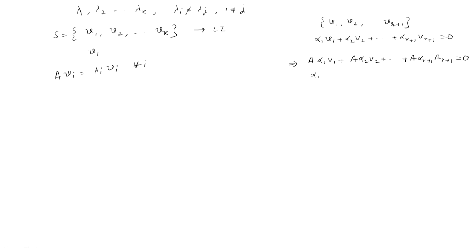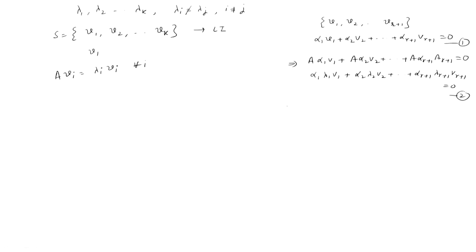So we can write alpha 1 lambda 1 V1, similarly alpha 2 lambda 2 V2 and so on up to alpha r plus 1 lambda r plus 1 V r plus 1. Say this is equation 1 and this is equation 2.